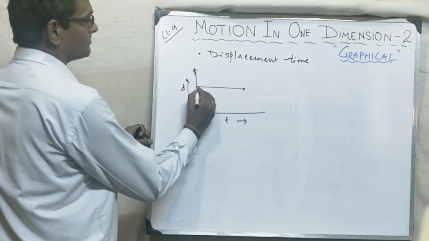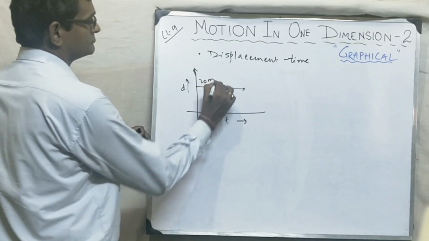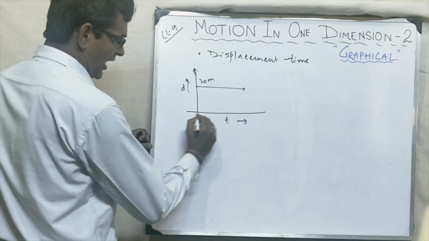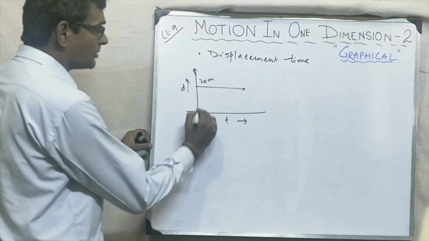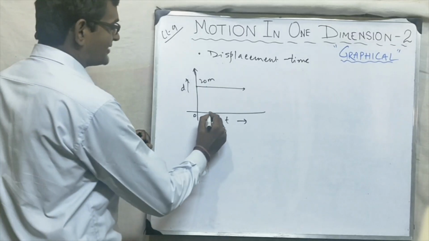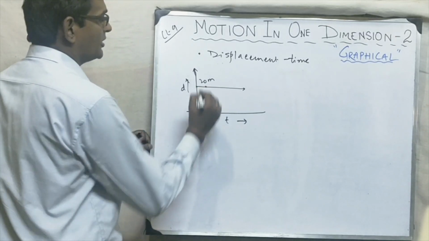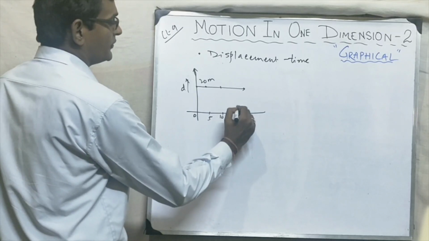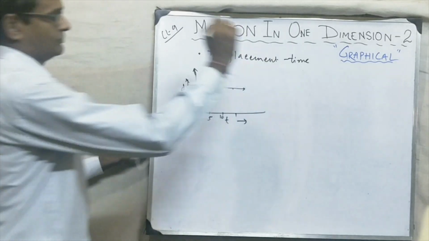Suppose this point is 20 meter. That at the starting, at t equal to 0, it was 20. At t equal to 5, again 20. At t equal to, suppose, 10, it is again 20. 15, again 20, and so on.